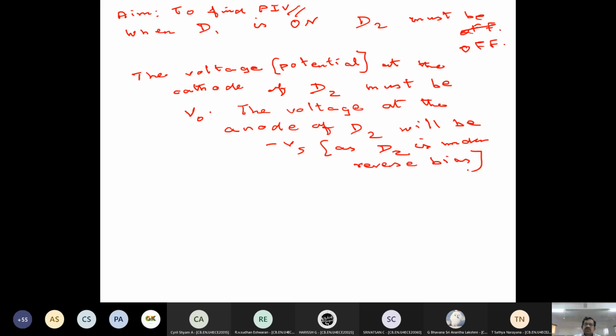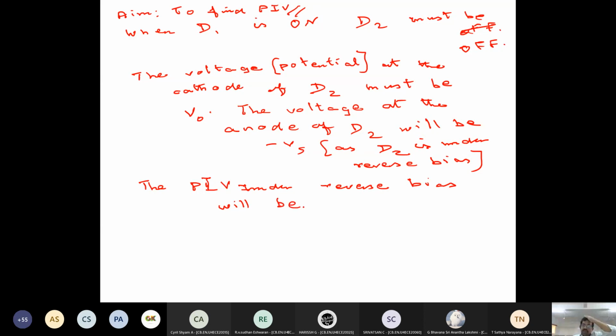Which means the peak inverse voltage, under reverse bias, will be the potential difference. What will be the potential difference?